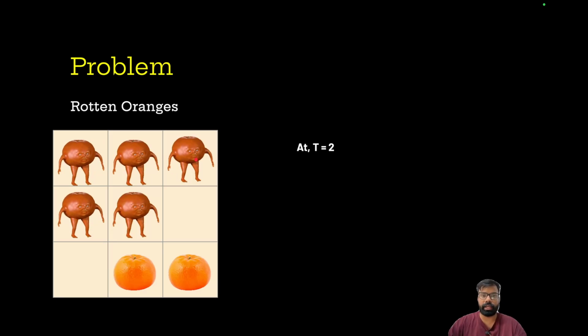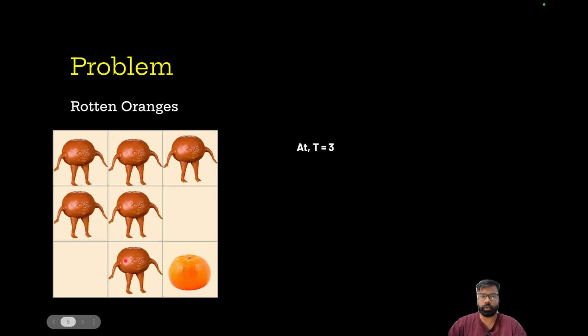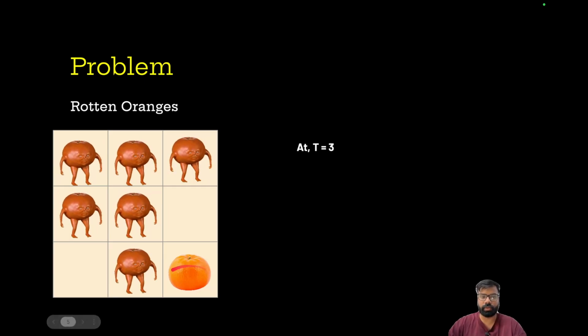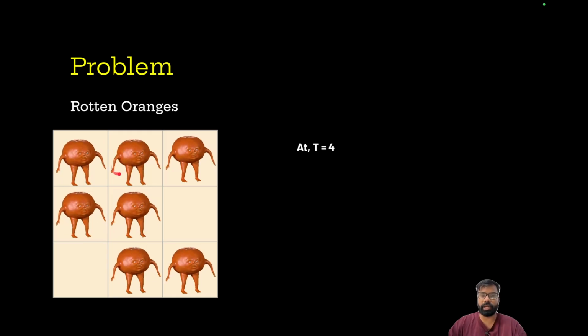In the next minute, at time t equals 3, this fresh orange will be turned into rotten orange. Similarly, at time t equals 4, this orange will be turned into rotten orange. So finally, all the fresh oranges are turned into rotten oranges, and it happened at time t equals 4.